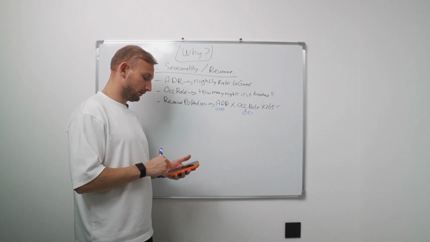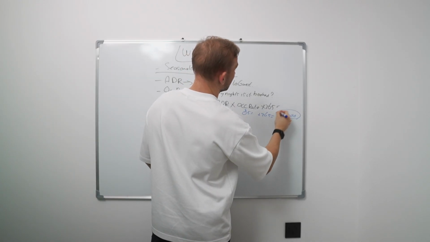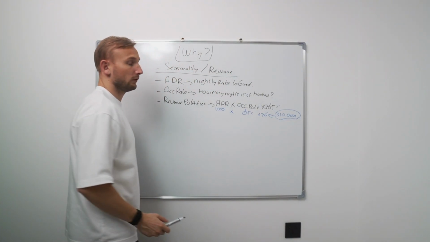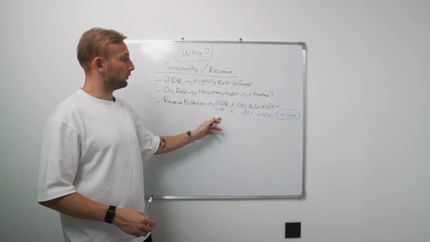Times 1,080 makes it 310,080. This is what it would make based on these two numbers. We're going to have a potential revenue of 310,080. And to be honest, these are just fair numbers for particular areas.